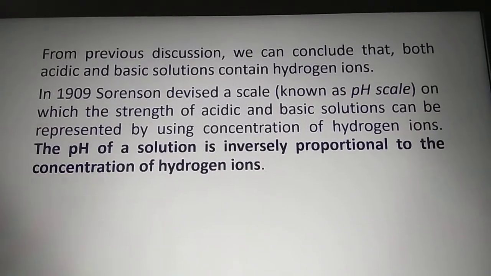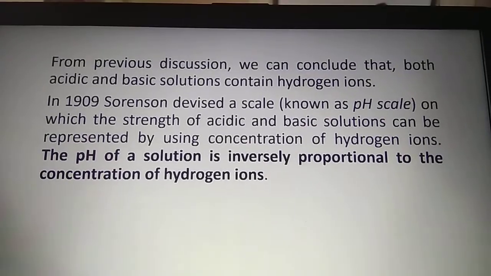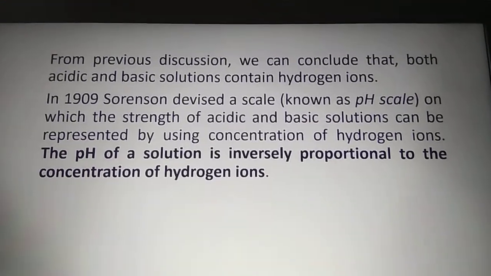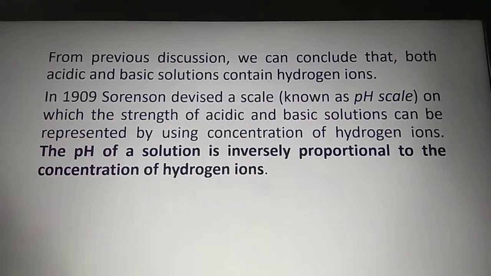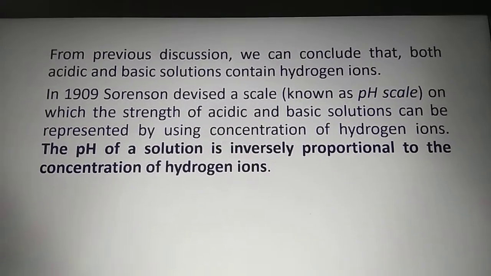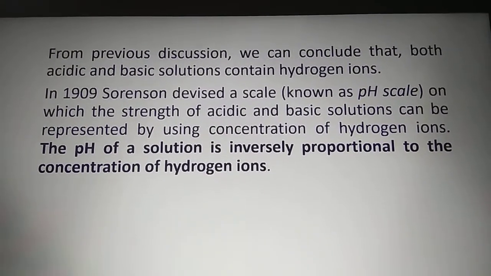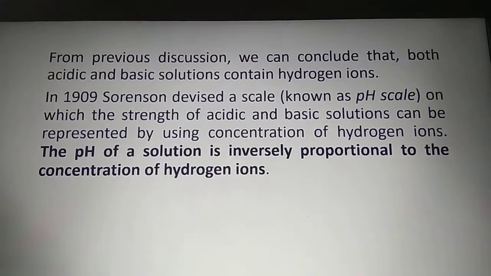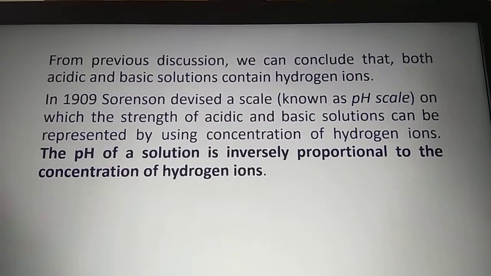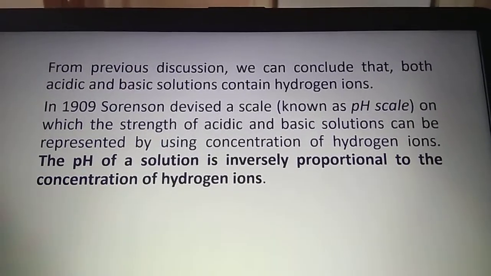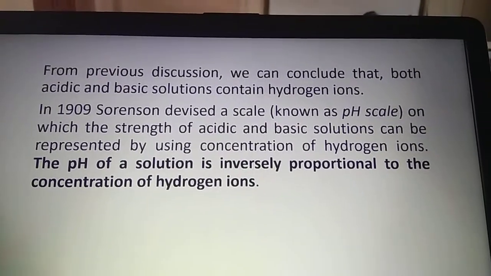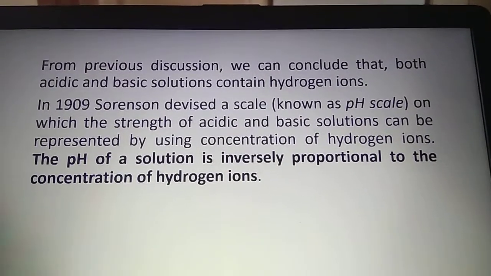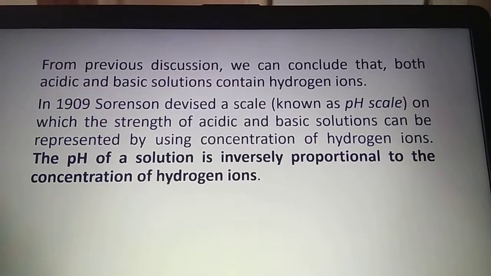The scale is known as pH scale, on which the strength of acidic and basic solutions can be represented by using concentration of hydrogen ions. That means with the help of concentration of hydrogen ions, we are able to measure the strength of acid and base in this scale.